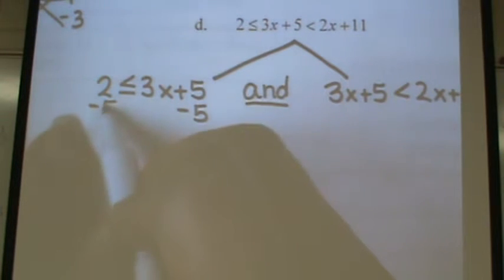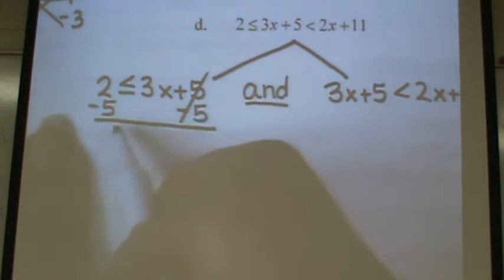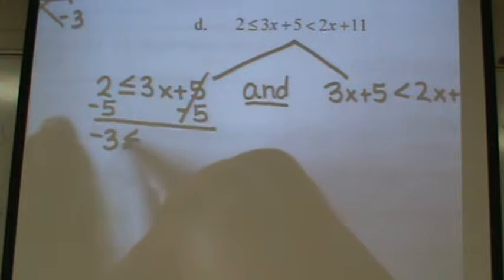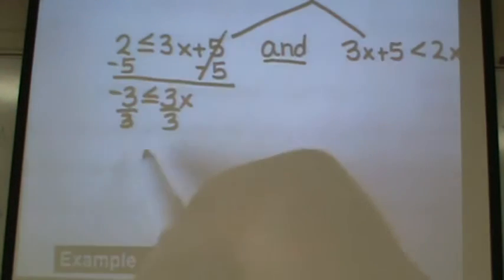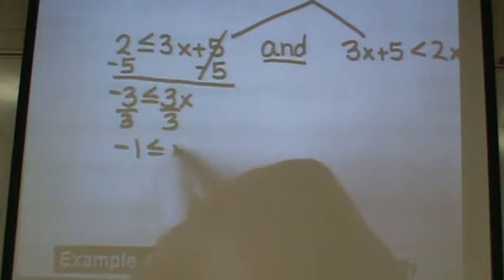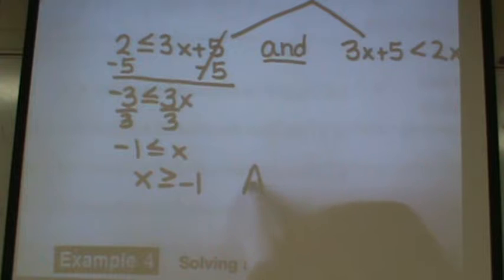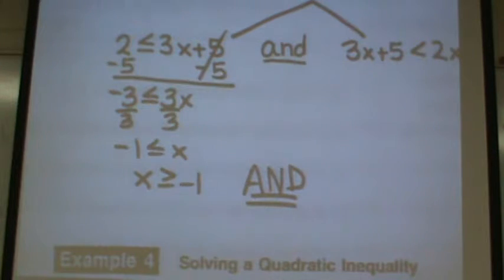Subtract 5. So you have negative 3 is less than or equal to 3x. Divide by 3, and you get negative 1 is less than or equal to x. I would reverse it. And don't forget the word. Very important. I'm very picky about that.